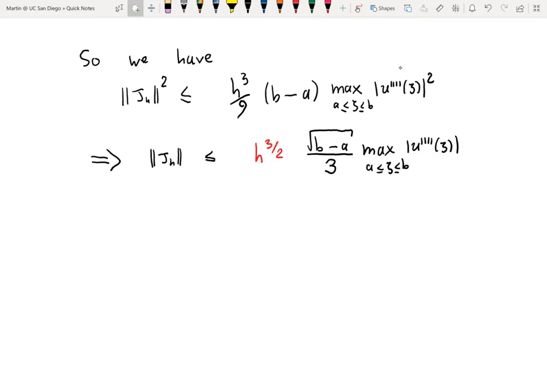Now I take the square root of both sides of this inequality, and that gives me, in the end, that the Euclidean norm of tau h is bounded from above by h to the 3 over 2 times the square root of (b minus a) over 3 times the maximum of the absolute value of u prime prime prime prime over the interval from a to b. So in particular, the truncation error tau h is of order h to the 1.5. Hooray!